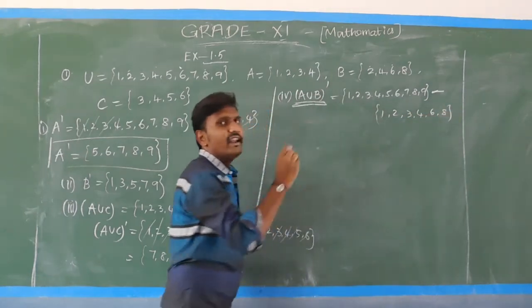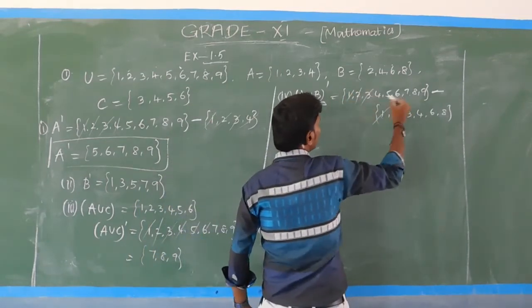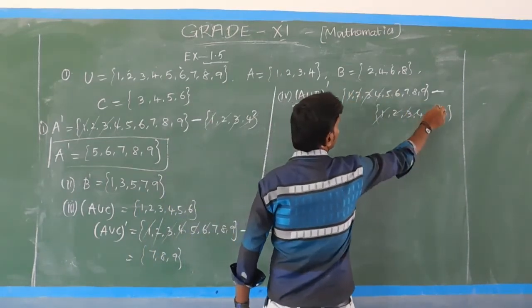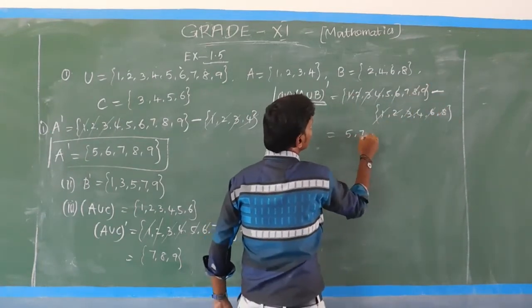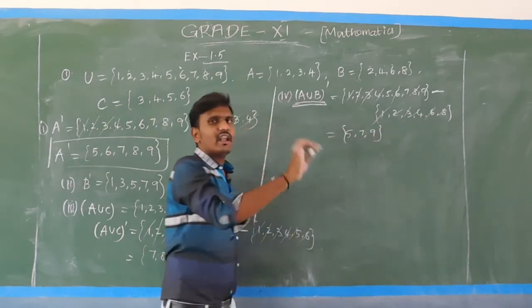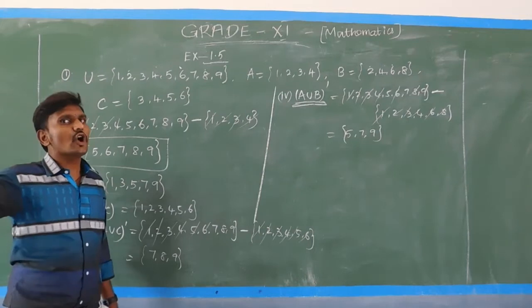Removing the common elements 1, 2, 3, 4, 6, 8, the remaining elements are 5, 7, 9. These are the elements of the universal set which are not in A union B.